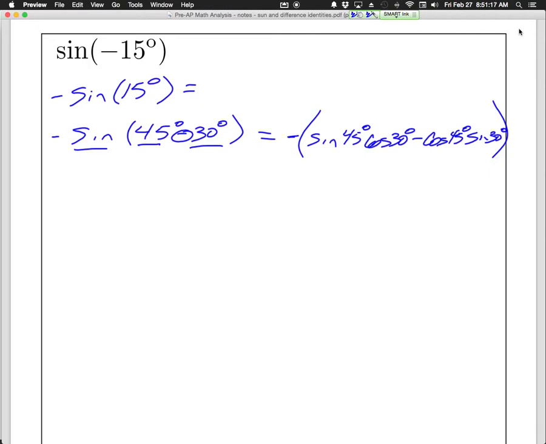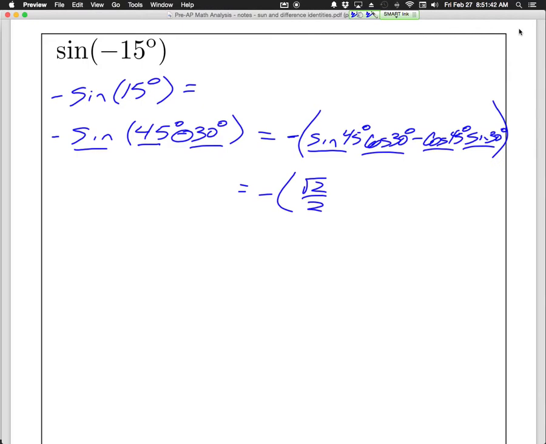Now we're dealing with 4 things over here that I know the values to. So we're going to substitute those values. What is sine of 45? 1 over square root of 2. What's another form of 1 over square root of 2? Square root of 2 over 2. When we're dealing with sum or difference identities, we want the square root to be in the numerator. So square root of 2 over 2 is there.